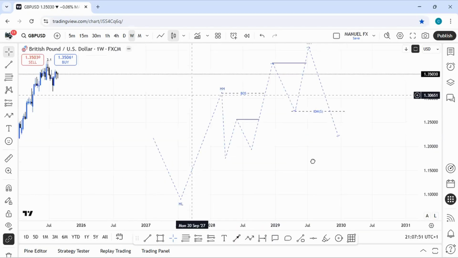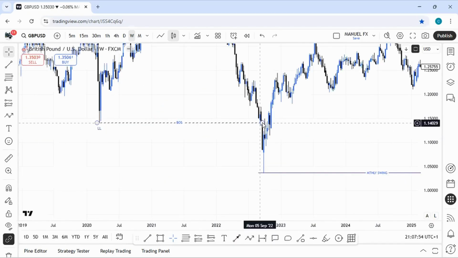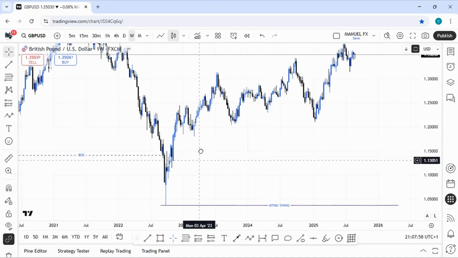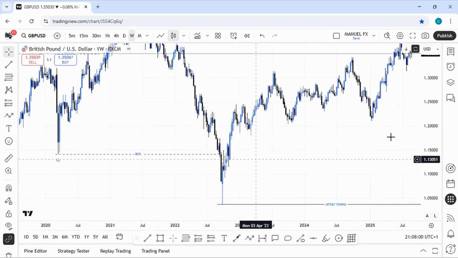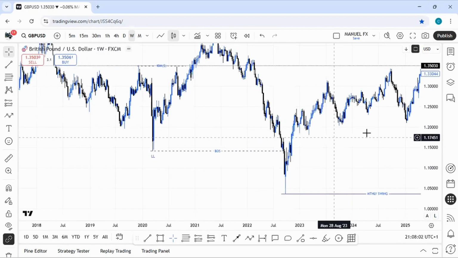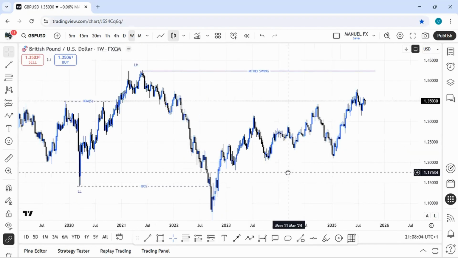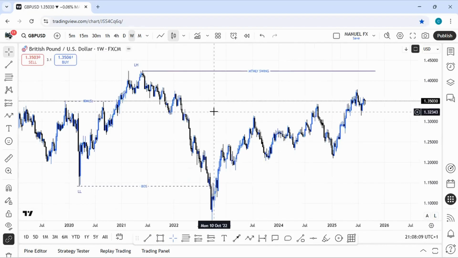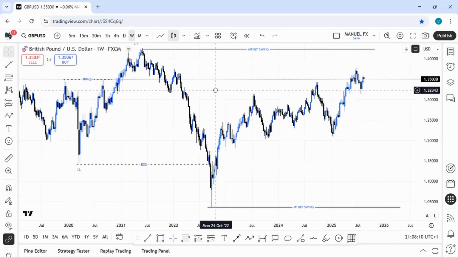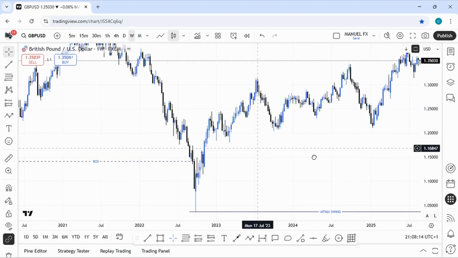Now moving on to the chart, this is a break of structure, right? Yes, this is a break of structure. Now, the fact that we are moving from the monthly to the weekly time frame, we are going to be expecting price to take out an inducement.